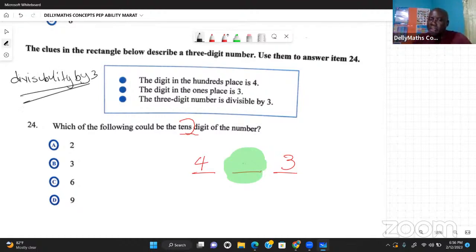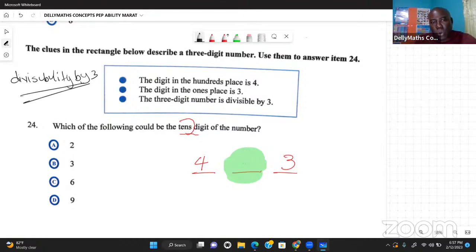Divisibility by 3 is what they're asking here. Now, you don't necessarily have to go and divide up the numbers. Any number that is divisible by 3, the sum of the digits is divisible by 3. Let me say it again. Any number that is divisible by 3, the sum of the digits is also divisible by 3.